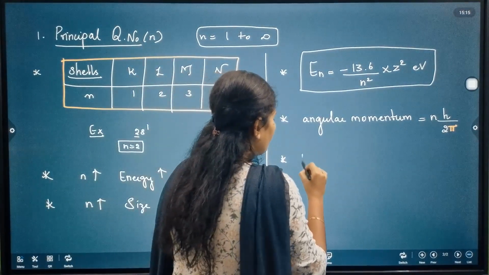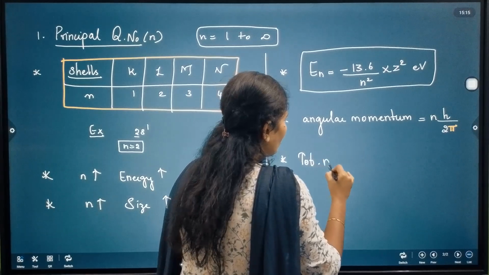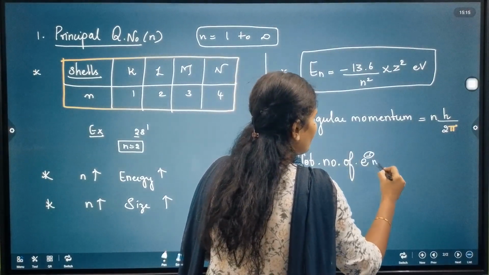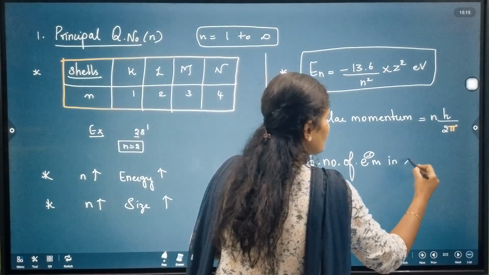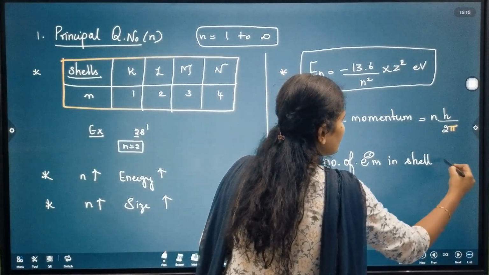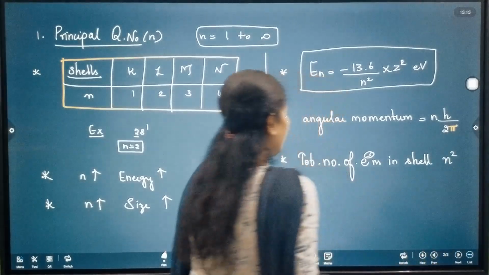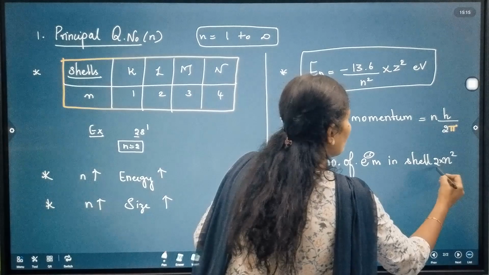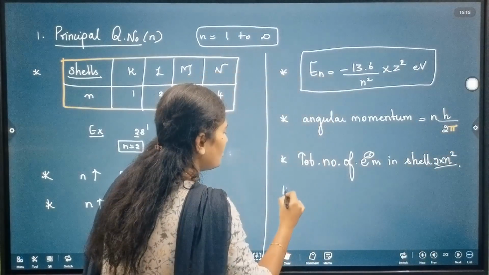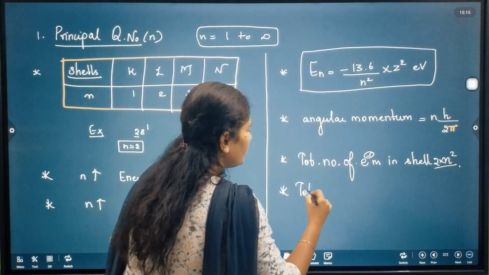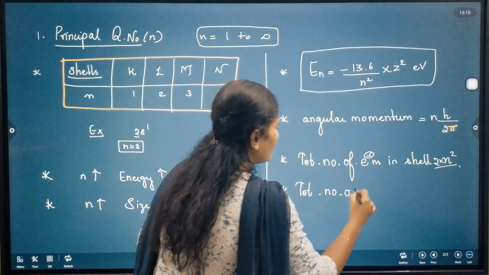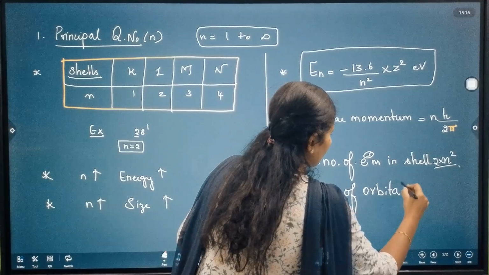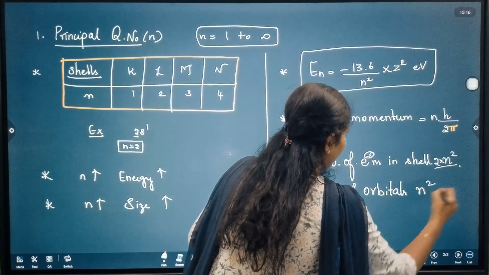We can calculate the total number of electrons in a particular shell using the formula 2 n square. We can also calculate the total number of orbitals using n square.